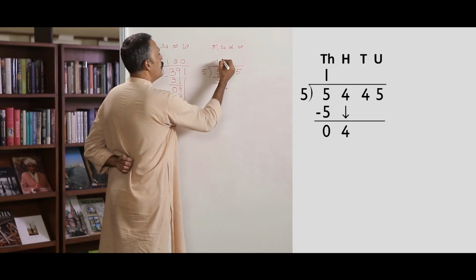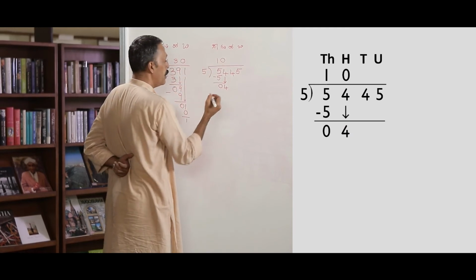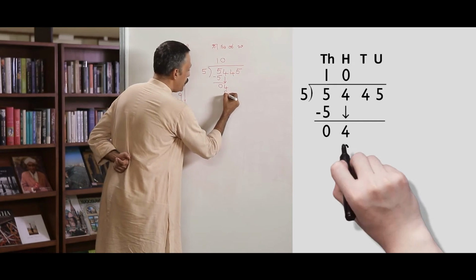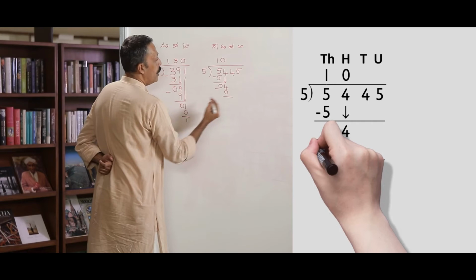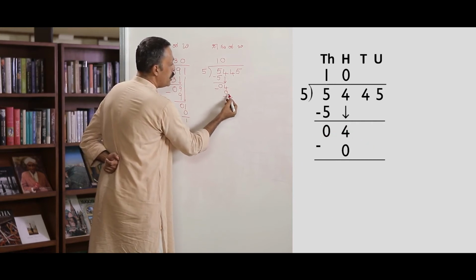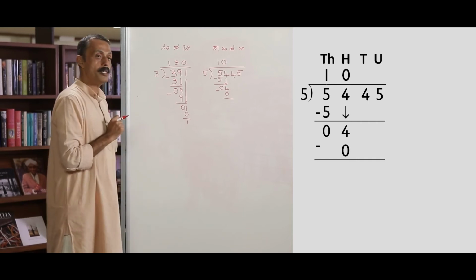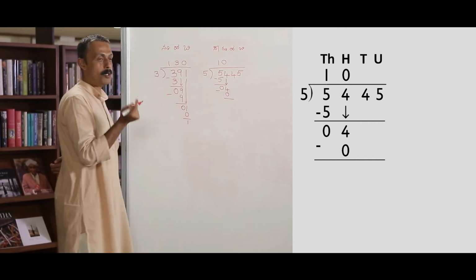So I cannot give 100 to anybody. But I still have 400 notes and I did not spend it. If I subtract 0 from 4, I am left with 4 notes. I have to exhaust all these 400 notes. How do I do it?